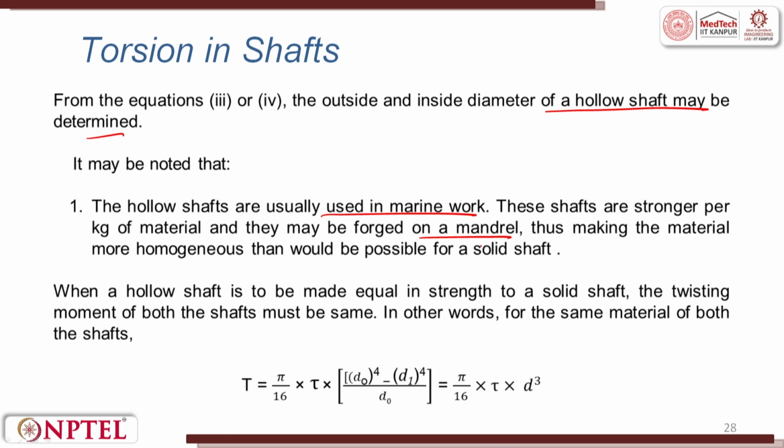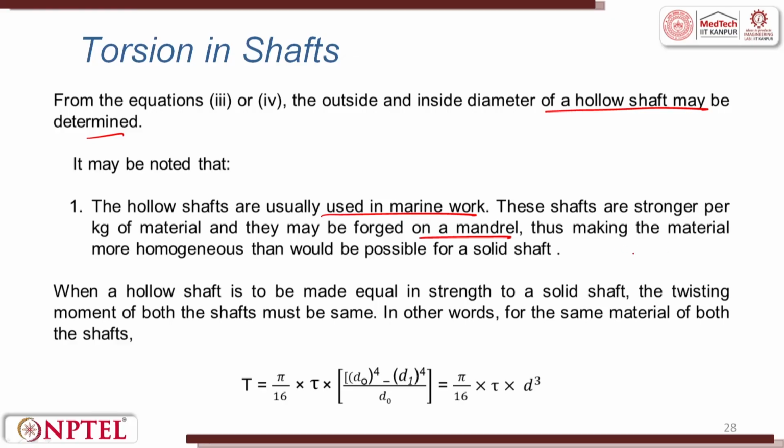So when the shafts are hollow, for example, this is a shaft, this is a mandrel, this could be mounted on a mandrel. So these shafts are rotated, and there is a mandrel that could be stationary, that could even rotate with the shaft. Thus making the material more homogeneous than would be possible for a solid shaft. So this is a major application of the hollow shaft, that could be forged on a mandrel.